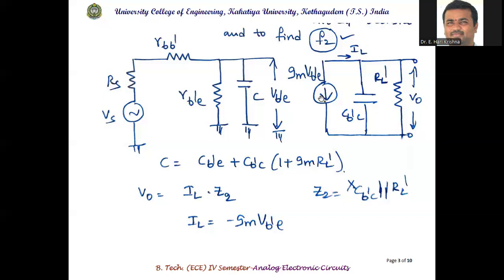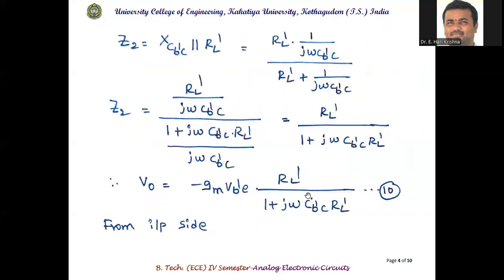IL and the gm VB'E current source are opposite in direction. So IL is equal to minus gm VB'E. Z2 is the parallel combination of resistor and capacitor. The parallel combination was computed: RL' multiplied by 1 by j omega CB'C, divided by RL' plus 1 by j omega CB'C.